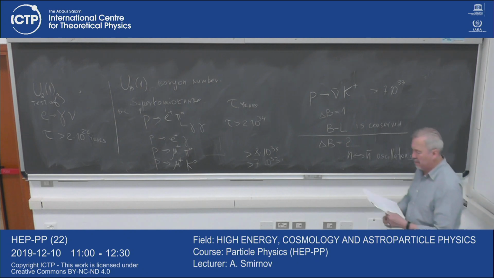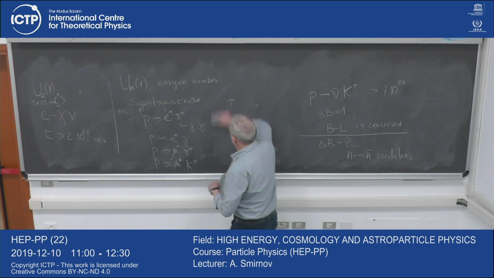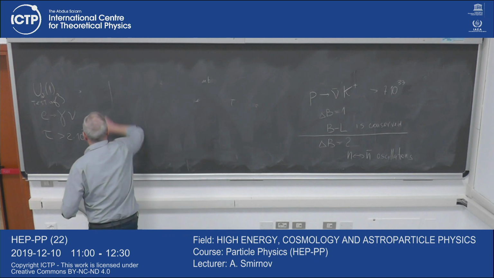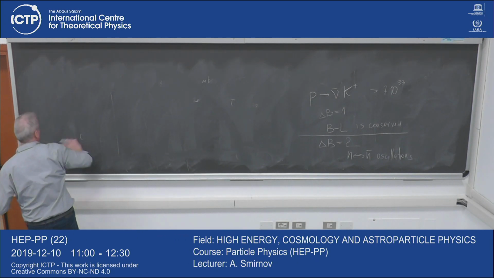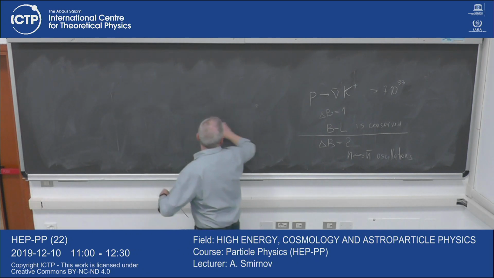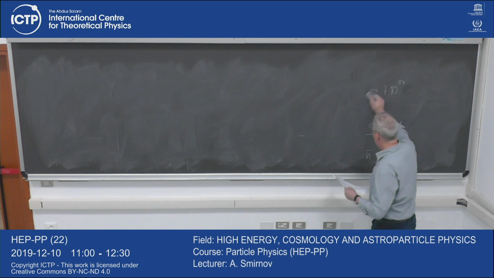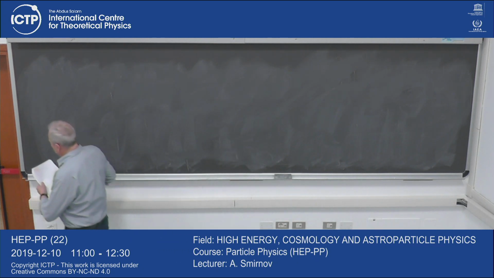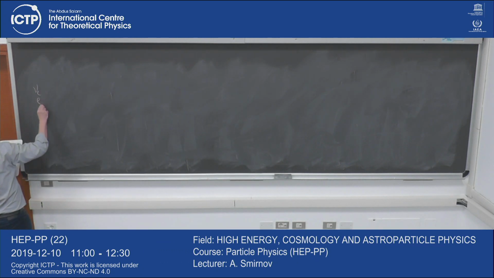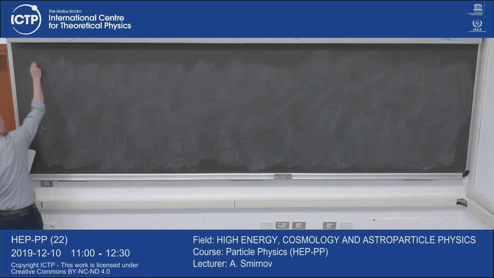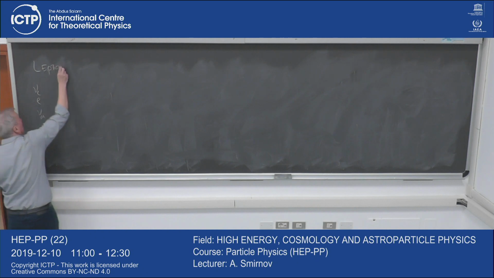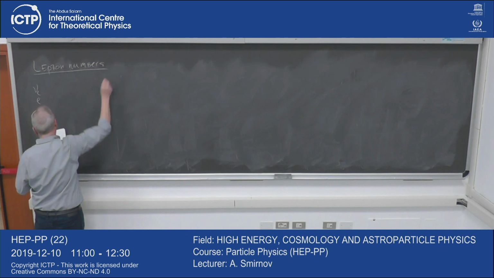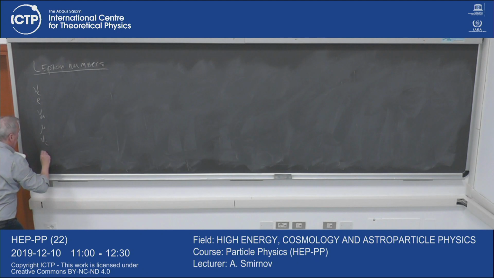Now let me discuss lepton number. So we have the following leptons: nu e and electron, nu mu and muon, and then nu tau and tau.